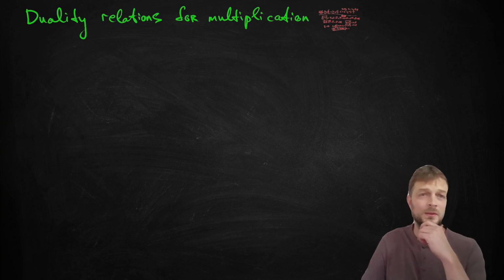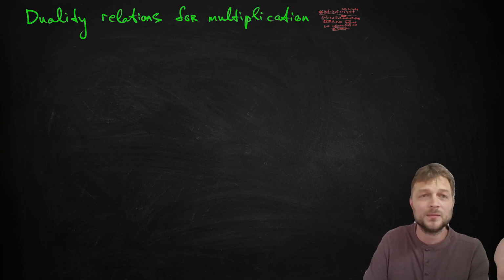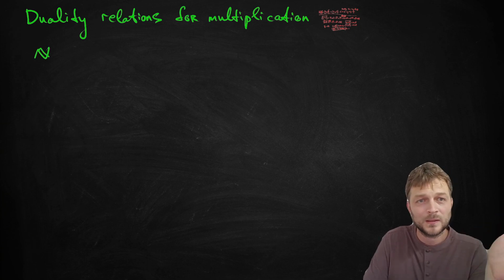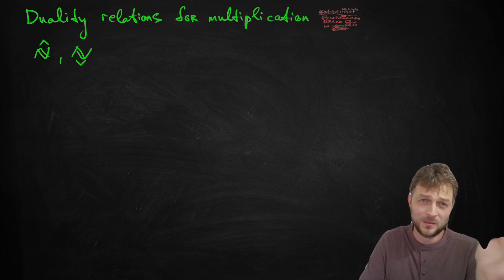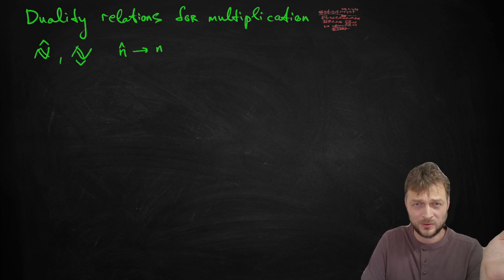duality principle. We remember that in some sense when we talked about natural numbers and dual natural numbers, we had this mapping of duality between them, and the mapping worked like this. We took n and mapped it to 1 over n.